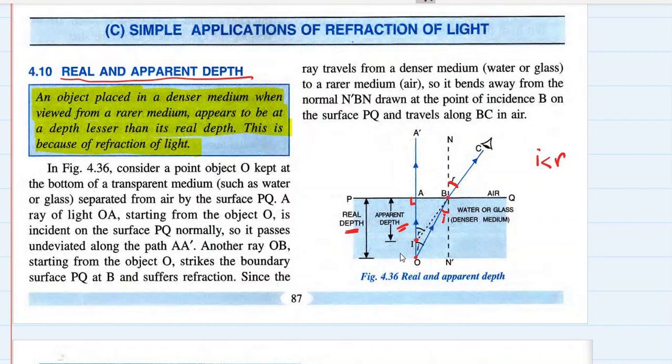So the depth of any object kept in a denser medium, when viewed from a rarer medium, appears to have become less. That is, the apparent depth always appears to be less than the real depth. This process is known as the shift in the real depth, and that is due to refraction.